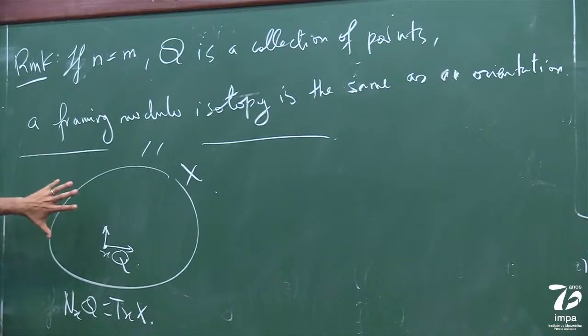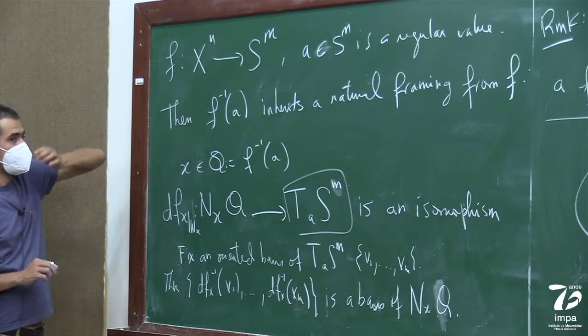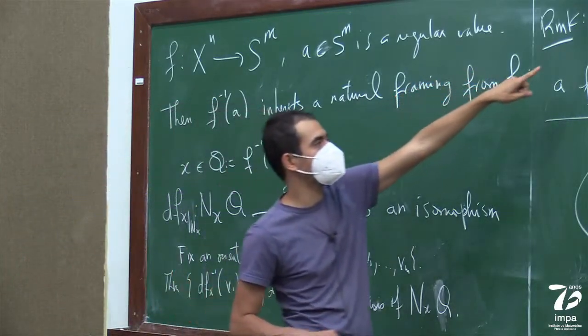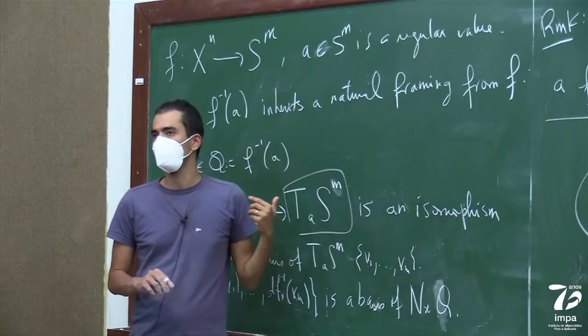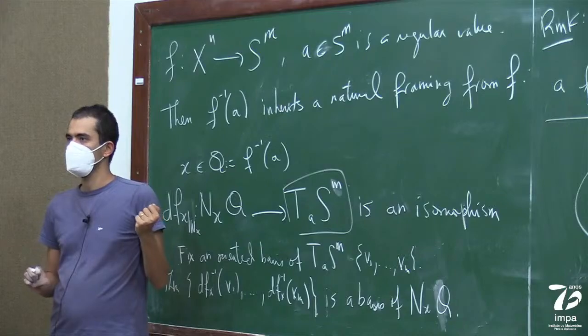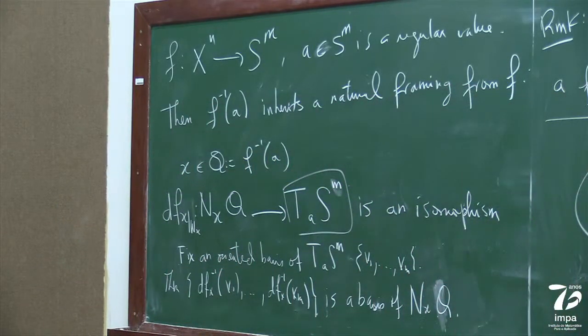So modulo isotopy, that's a choice of orientation. So this fact here, that the pre-image comes with a natural framing, we already knew when n is equal to m. So when n is equal to m, this induced framing is basically the same as the induced orientation, if we think about framings modulo isotopy. Okay? All right, any questions about this?